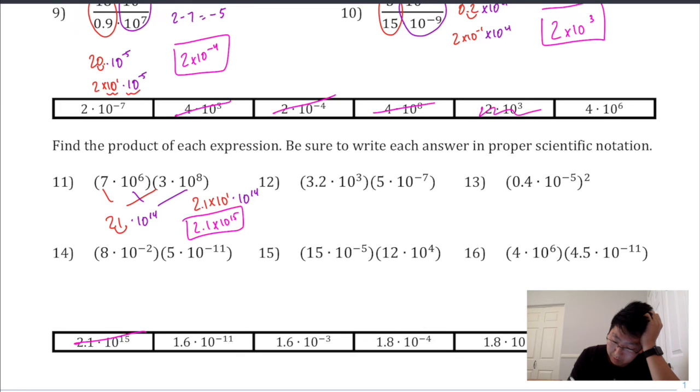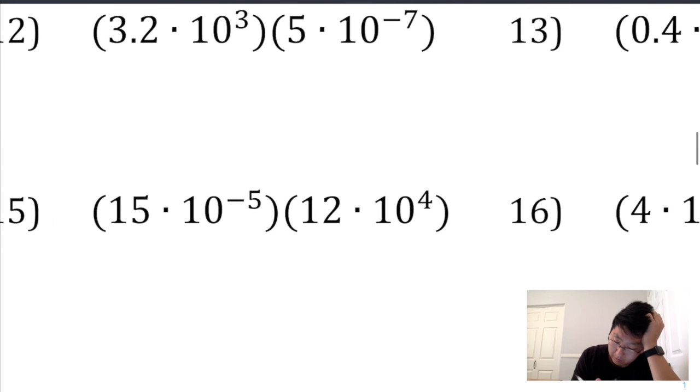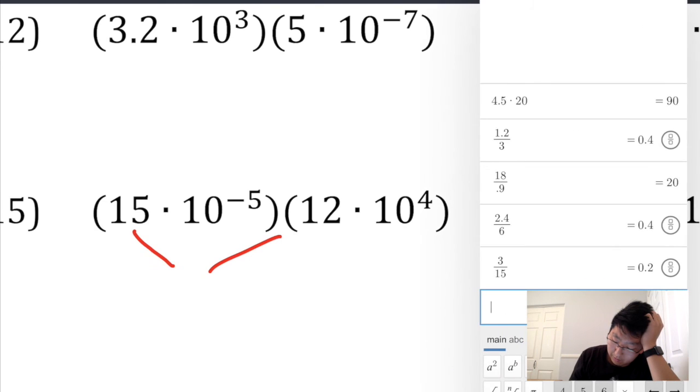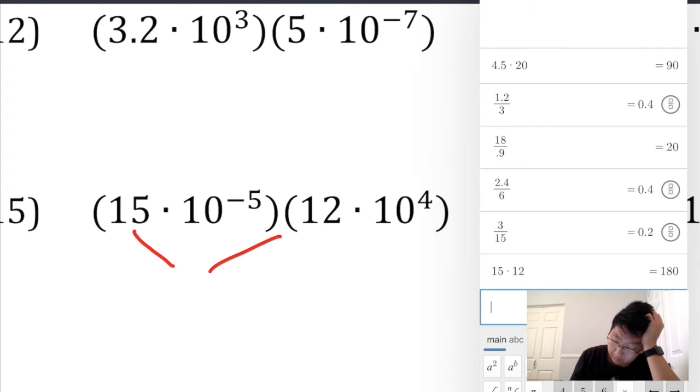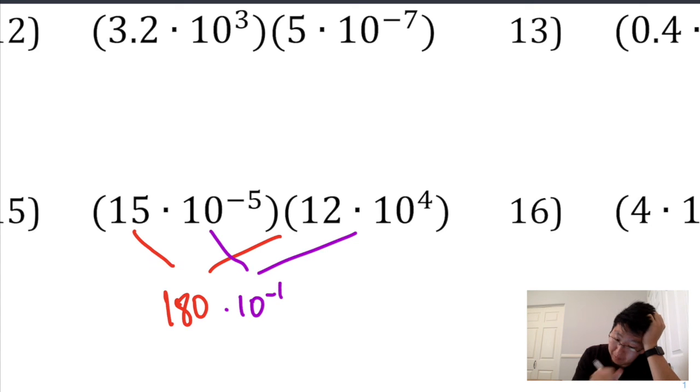I'm going to skip ahead. 15 times 12 is 180. Combine these two. Times 10 to the negative 1st power.